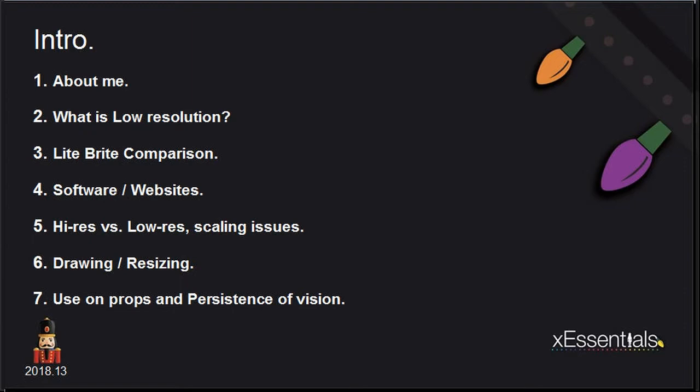Some basic drawing and resizing of images that you may want to create yourself or that you find on the web, and how they really get used on the props that we use here in our shows, and a little bit of discussion of persistence of vision that actually helps our images cheat a little bit to make them look a little bit better. And that's really just kind of a mind trick that most of the time we're unaware of.